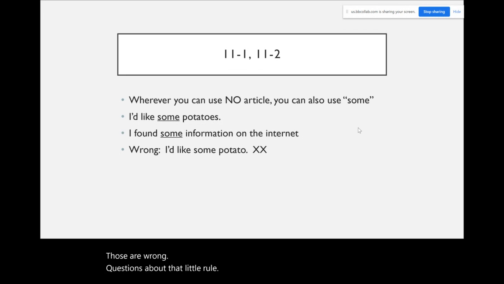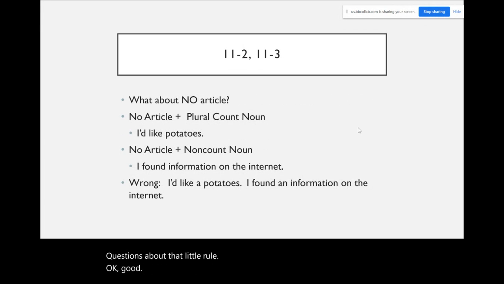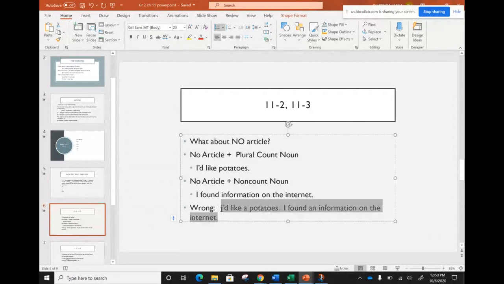Okay. Is information a non-count noun? Yes, it's non-count. So that's what I put here. It says wrong. But I heard people say informations.